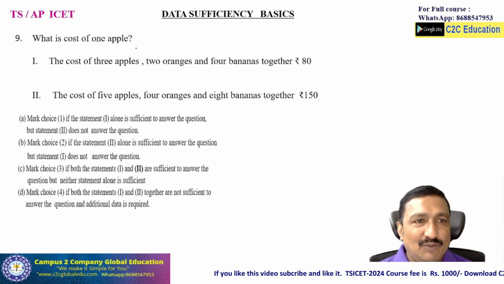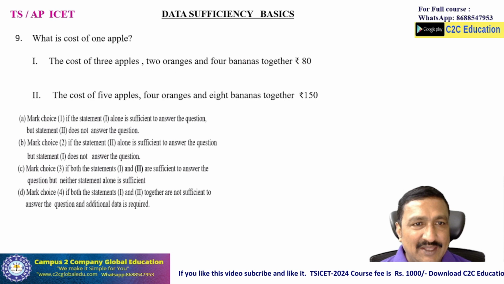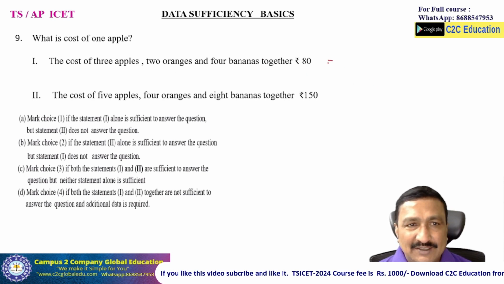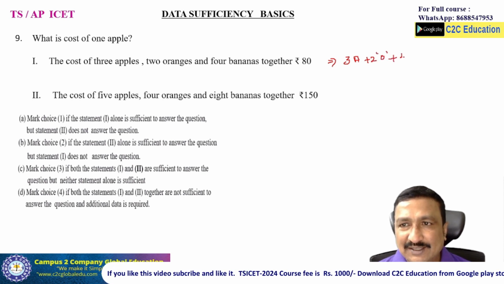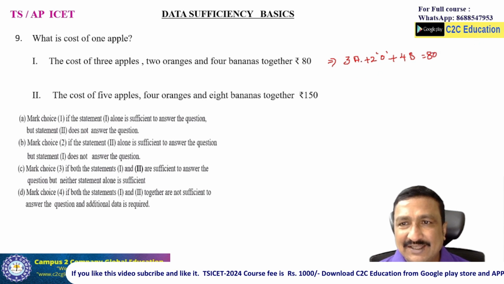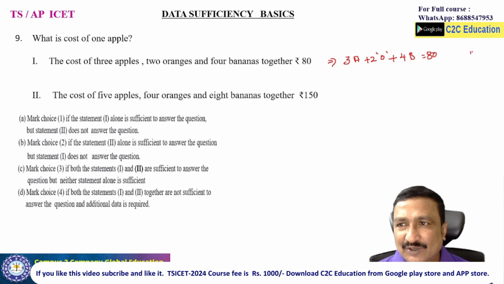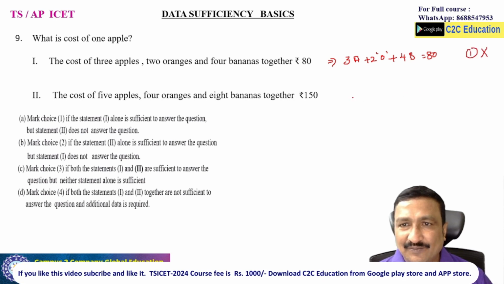So what is the cost of one apple? So here also, the same. How to answer this? First statement: the cost of 3 apples, 2 oranges and 4 bananas together is 80 rupees. Straightforwardly, 3 different variables, one equation, we cannot find. So the first statement is not sufficient.